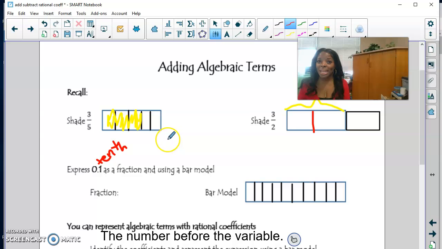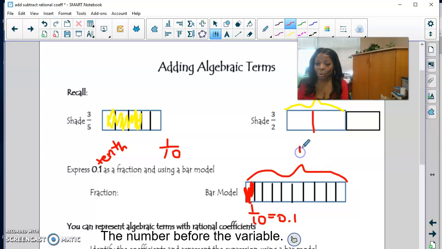That makes it much easier to draw a bar model, because then we know that our fraction is going to have 10 parts and how many lines? 9. Okay, nice job. Draw your 9 lines, and then we only need to shade 1 part, which is going to be 1/10, or 0.1, right? And the entire bar is 10 tenths, or 1 whole, right? 10 dimes is $1, right? Have to know our place value.